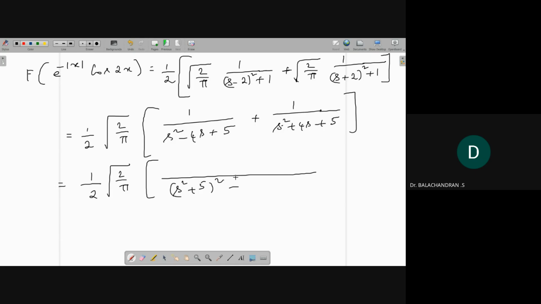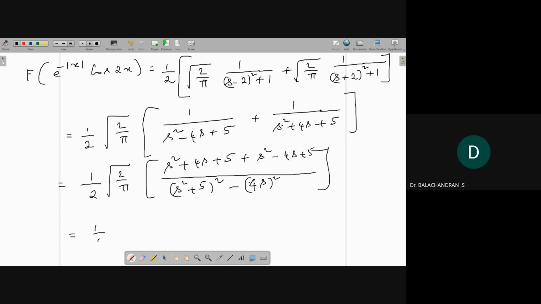So s square plus 5 whole square minus 4s whole square. If you take the LCM, the numerator is s square plus 4s plus 5 plus s square minus 4s plus 5. So you can cancel 4s.